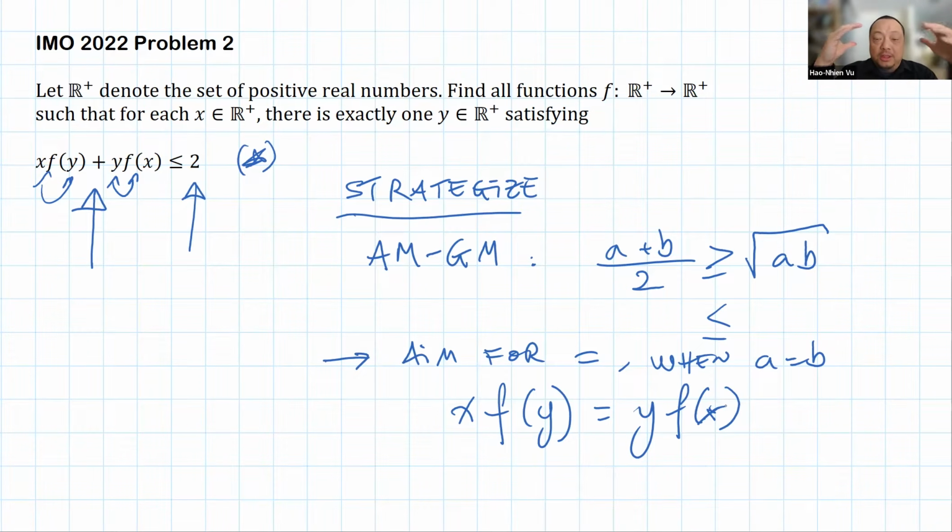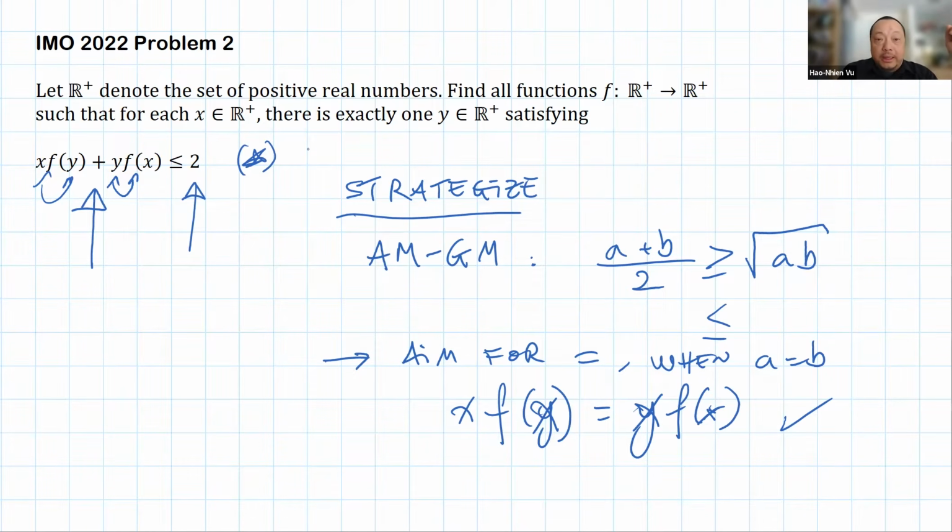And once I'm here, I was thinking, wait, what if it's even simpler than that? What if x and y are just equal to each other? What if I just have x here? Then yeah, definitely I have the inequality. Definitely I'll have this condition.